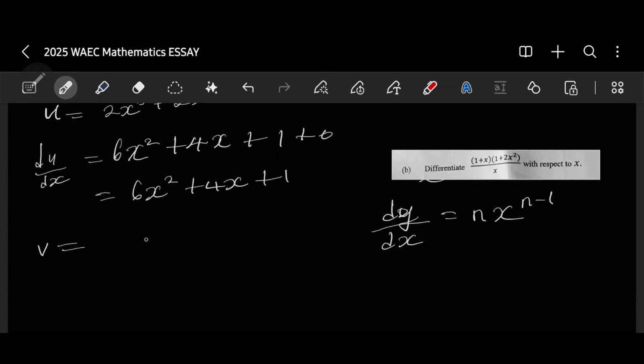Then v is equal to x, which is the denominator, so dv/dx is equal to 1.